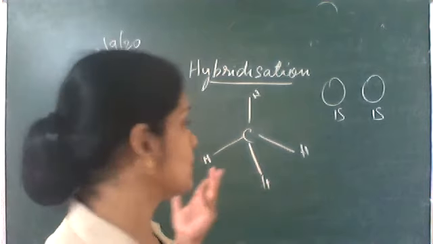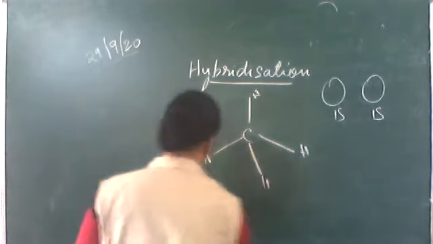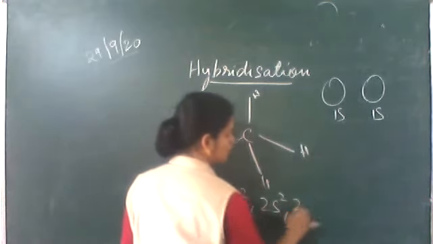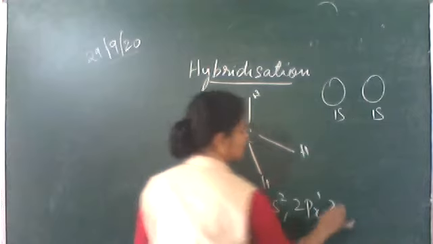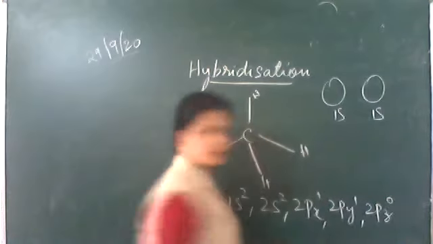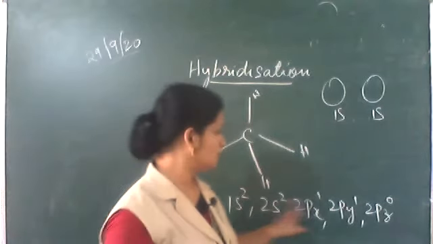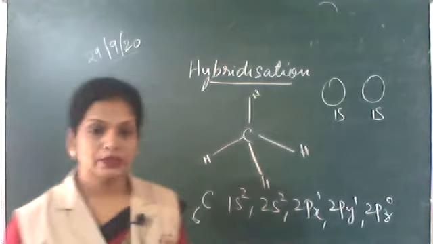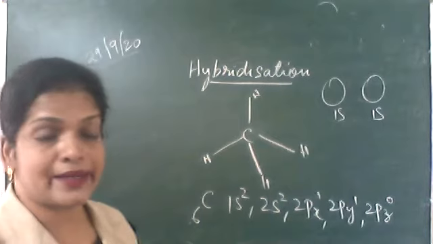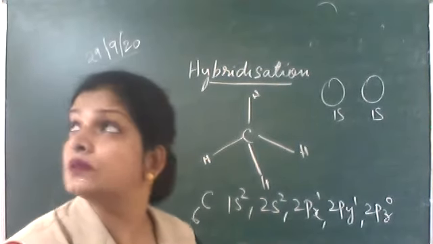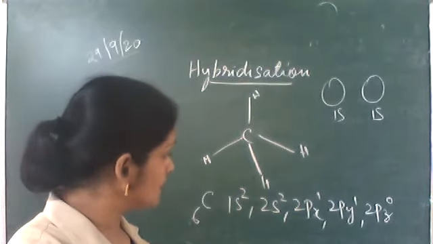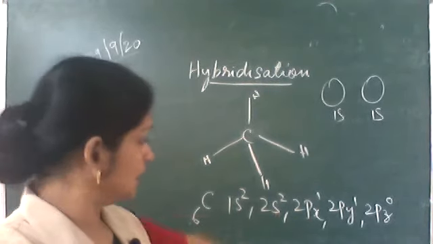Let's see the electronic configuration of carbon. Carbon, atomic number 6: 1s2, 2s2, 2px1, 2py1, and 2pz0. Like the hydrogen's 1s orbital that carried 1 electron, in the case of carbon, which orbitals are carrying 1 electron? 2px and 2py.